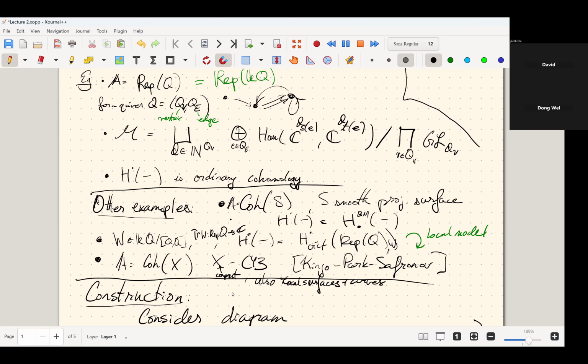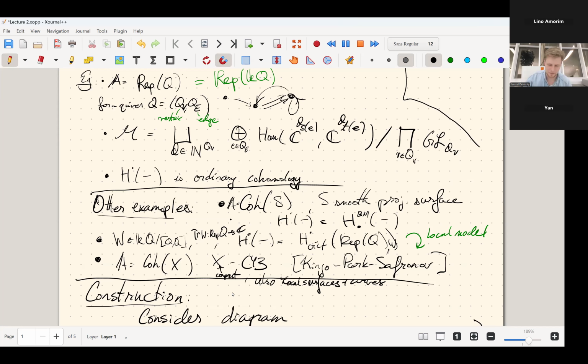Personally, I'm happy to work in the context of specific examples, quivers with potential, where I know that you can get the cohomological Hall algebra and this vertex coproduct.